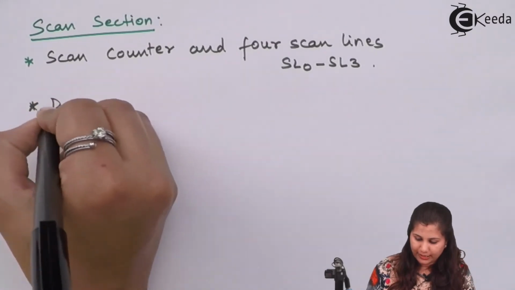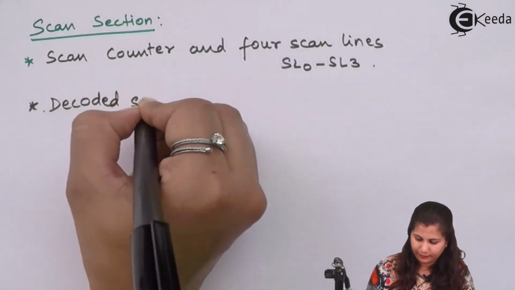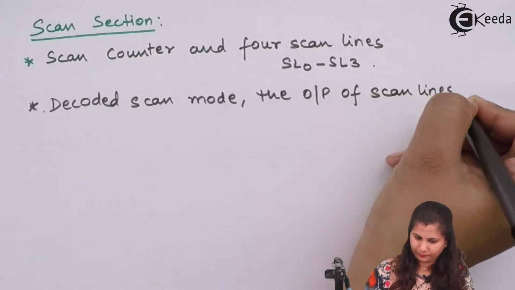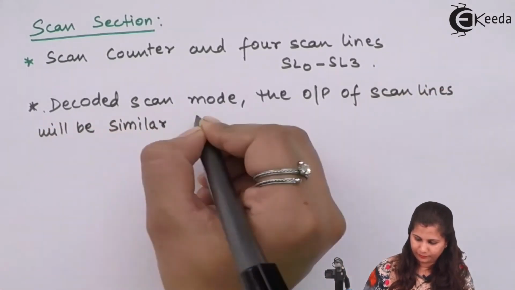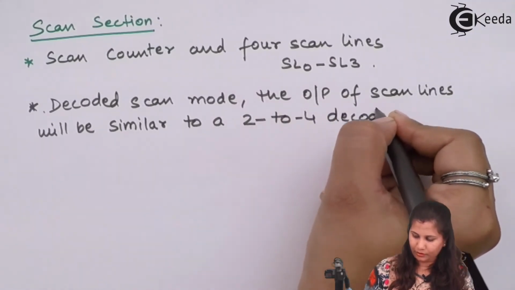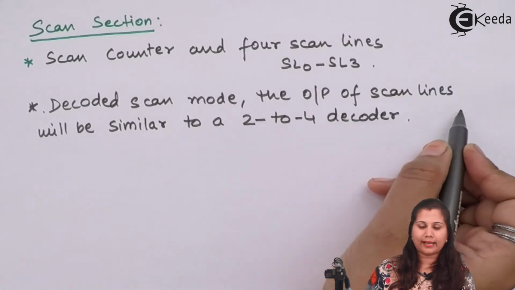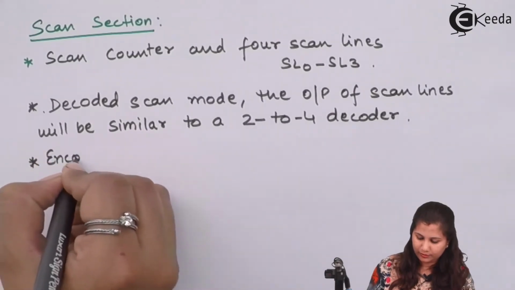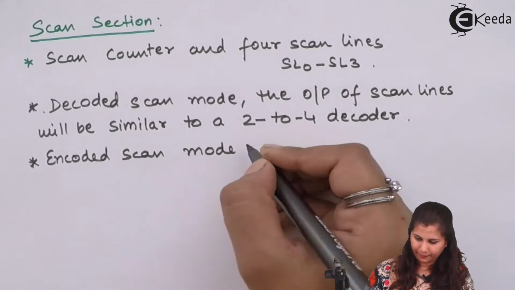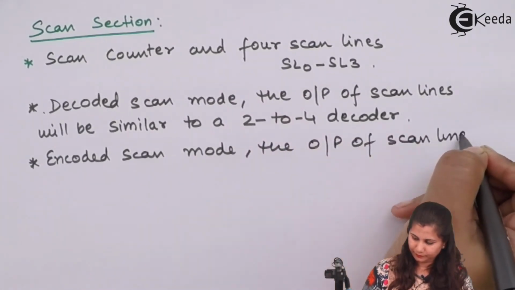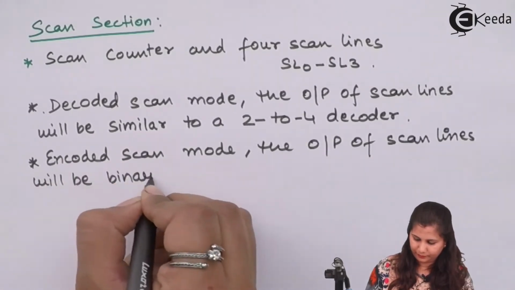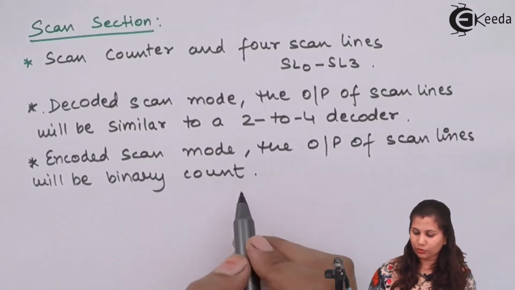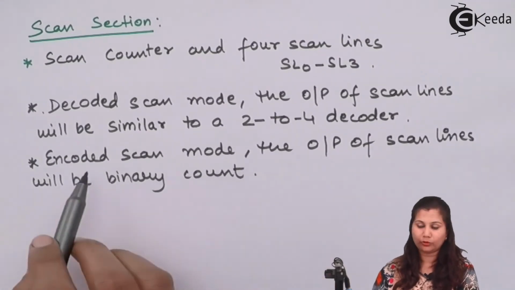In the decoded scan mode, the output of the scan lines will be similar to a 2 to 4 decoder, whereas in the encoded scan mode, the output of the scan lines will be a binary count, and so an external decoder will be needed to decode this code.